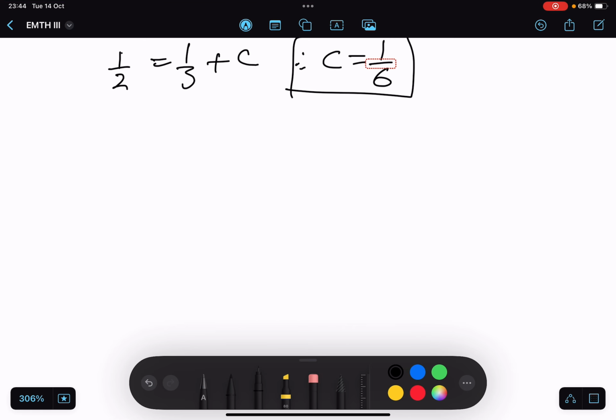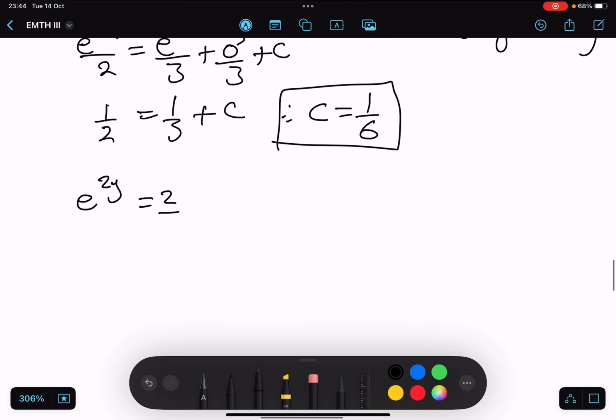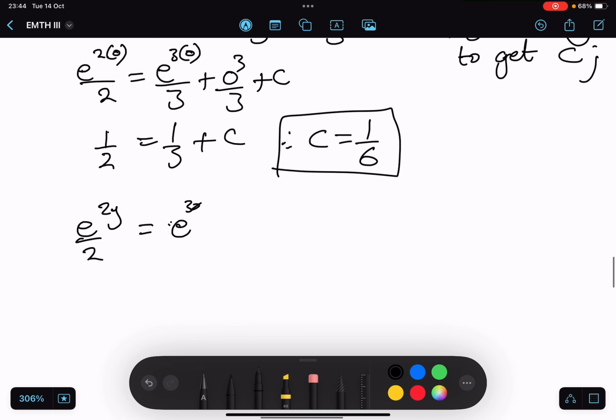So we are going to have e^(2y) over 2 equals e^(3x) over 3 plus x cubed over 3 plus 1 over 6, right?